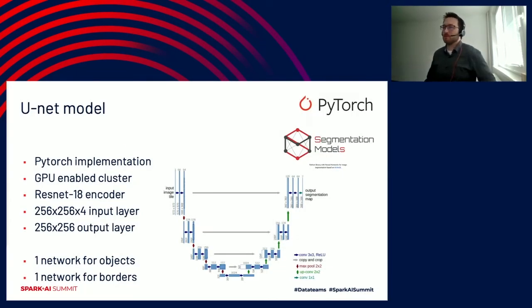Now about the U-Net model, that is pretty popular, widely used in a lot of applications, widely used in Kaggle competitions, etc. In our case, it was implemented in the PyTorch framework with use of the segmentation models library. I really recommend this. It's well written and easy to use.